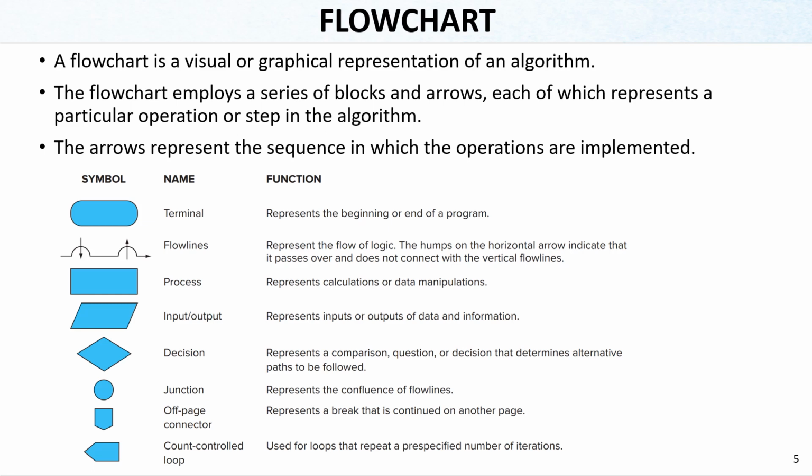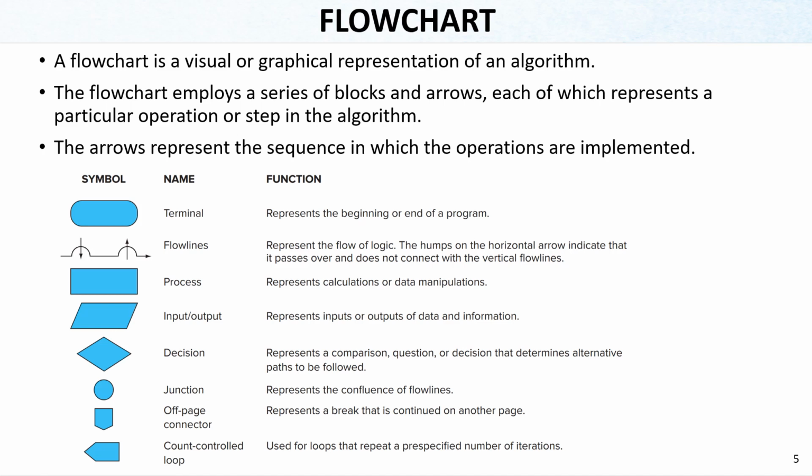So, for example, this symbol means it's a terminal, which represents the beginning or end of the program. These are the flow lines, like arrows, which show the flow of the algorithm. And this is a rectangular prism, for example, which shows the process. The calculations or data manipulations are written inside of this.